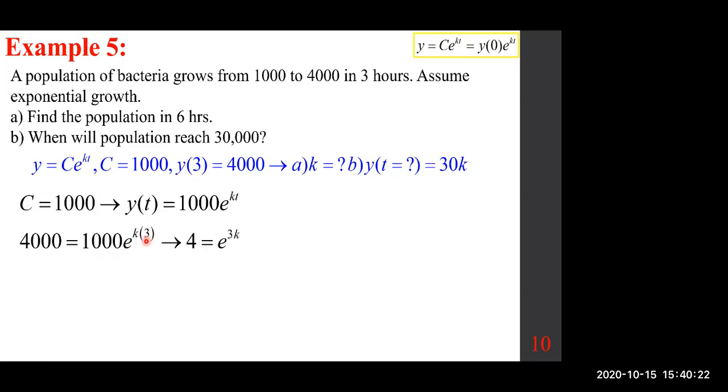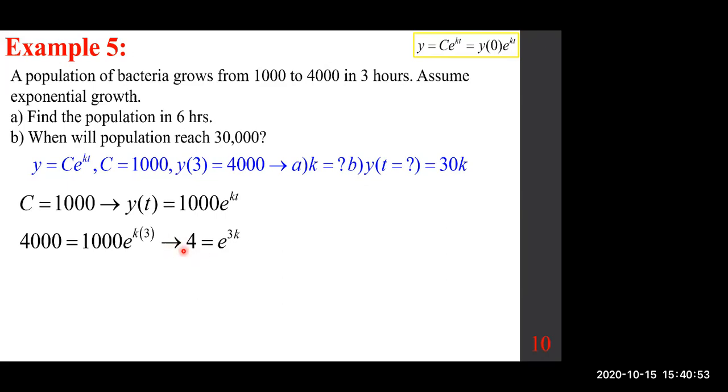Equals 1,000 e to the power of k. I'm going over this very fast because it's basically intermediate algebra and we should be comfortable with it. So one more time, this is the formula with initial size. You replace the t with 3, it's 4,000. Divide by 1,000 and you get 4, you get e to the power of k times 3, or 3k. What is the next step? Natural log.